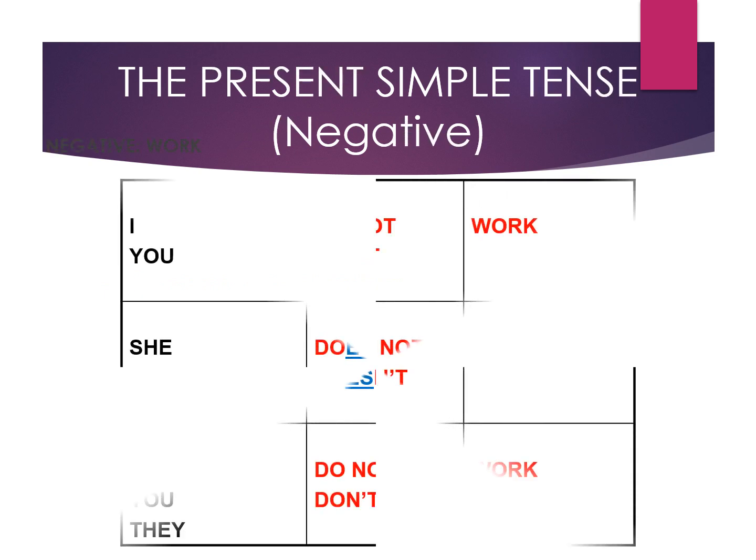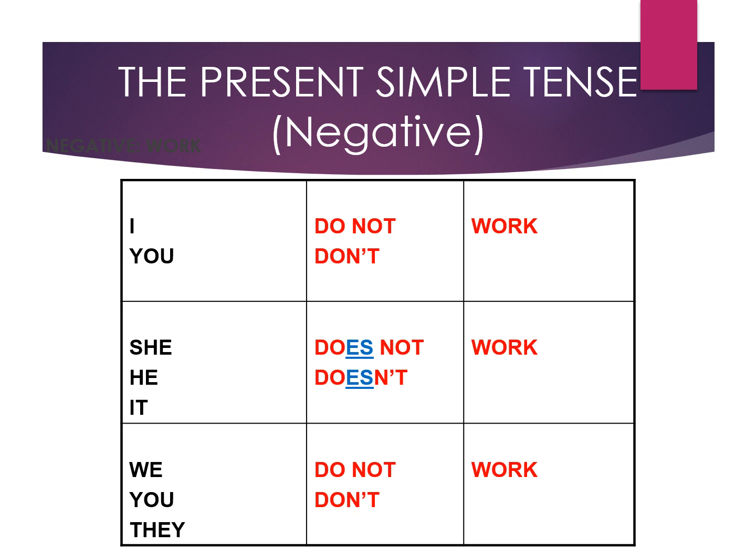So here we have the short forms. There are two ways to write this kind of sentences. We can have it in long form or in contraction form. So you can say, I do not work, or I don't work. You do not work, or you don't work. She doesn't work, or she does not work.